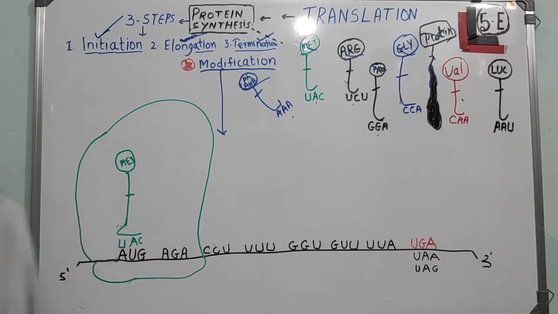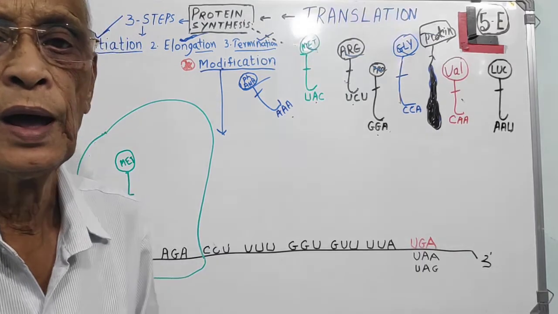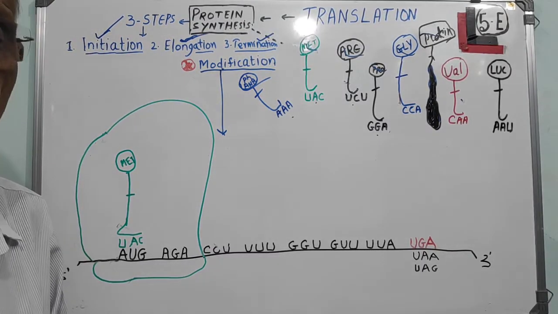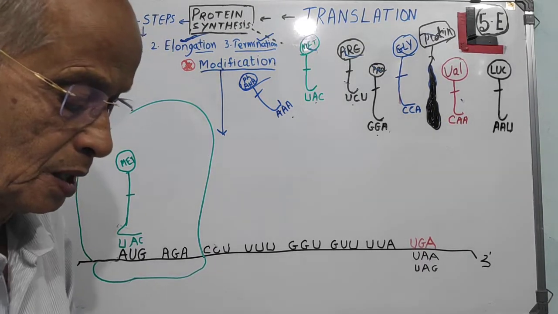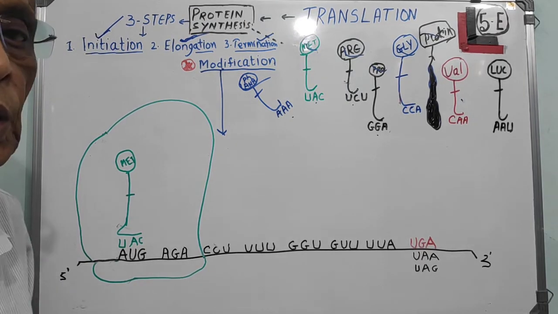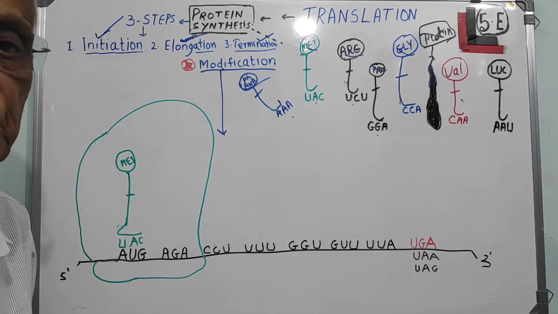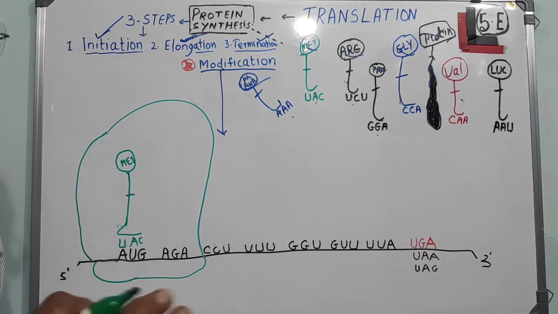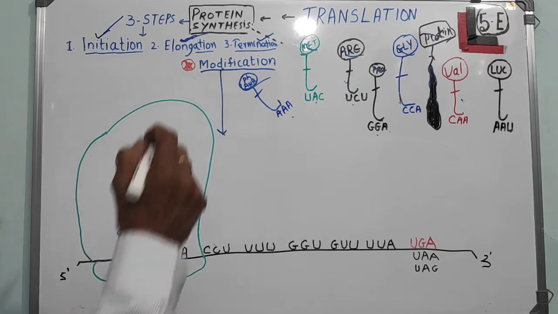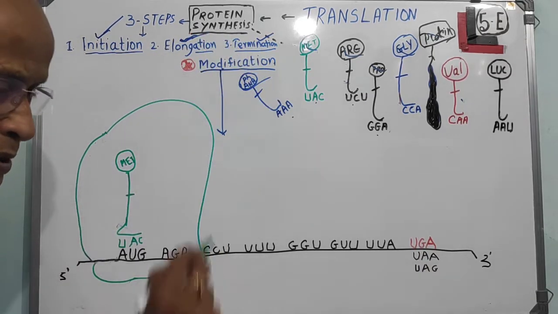Hi everybody. We are going to have the second session on translation. We are going to examine today how the process of translation completes by three important steps: initiation, elongation, and termination.